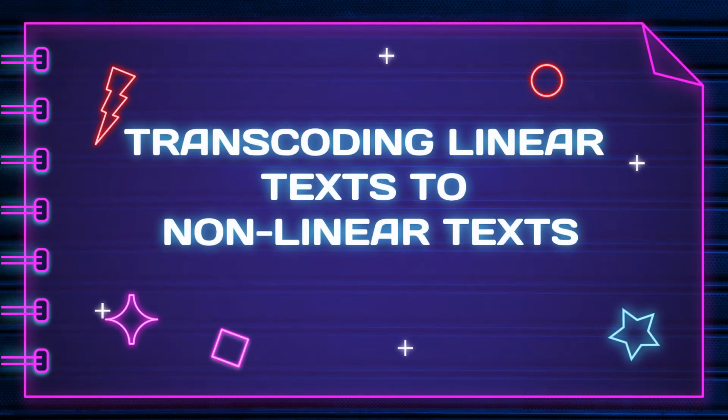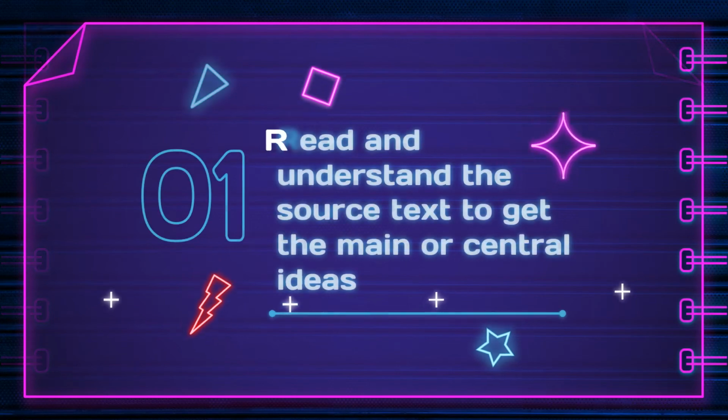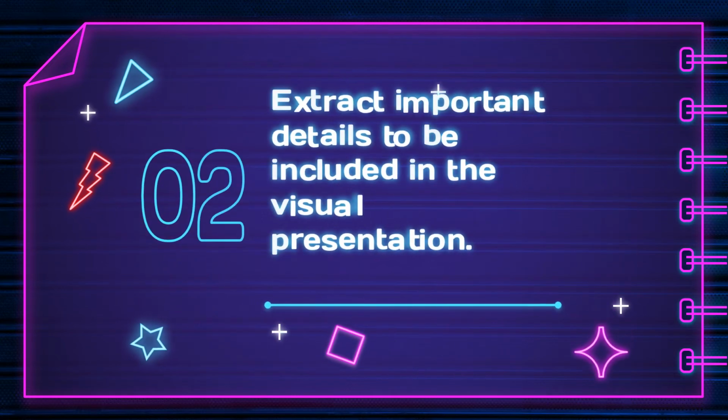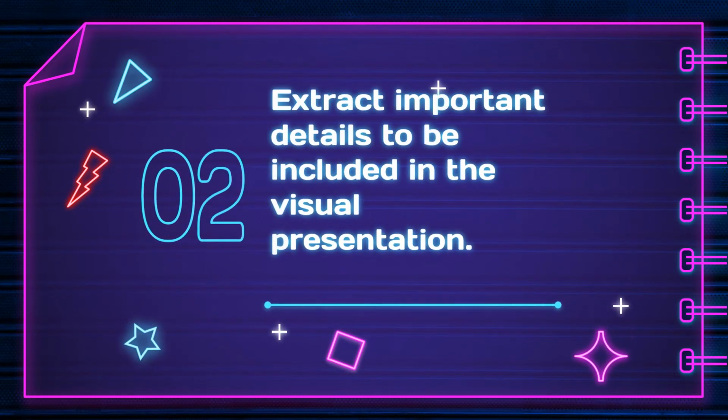Now let's talk about transcoding linear text to nonlinear text. Tip number 1. Read and understand the source text to get the main or central idea. Number 2. Extract important details to be included in the visual presentation.